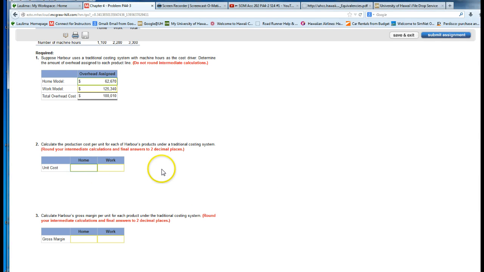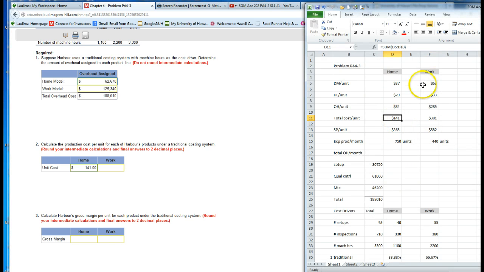So we want to put 141, and let's see, it's telling us 2 decimal places required. Okay, so we need to show these amounts at 2 decimal places.